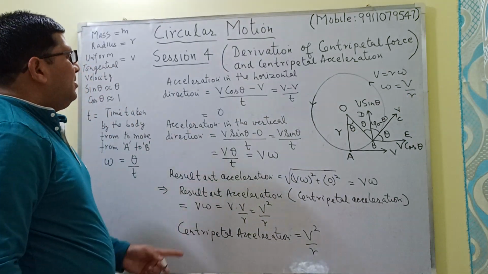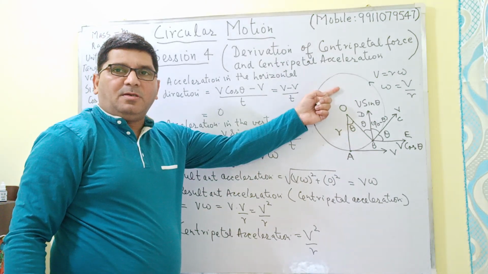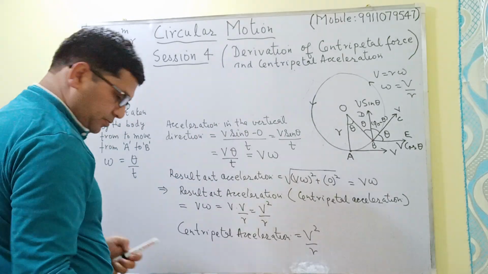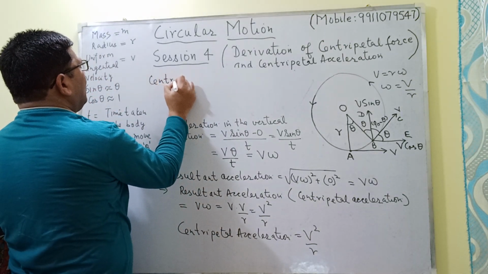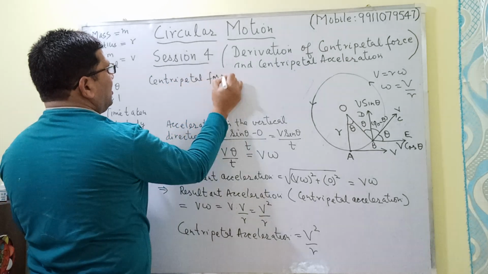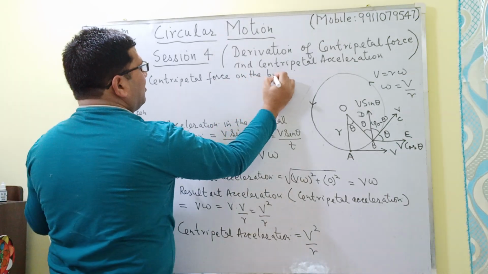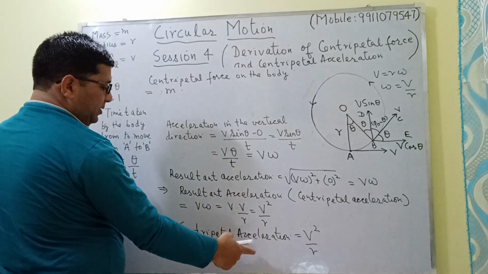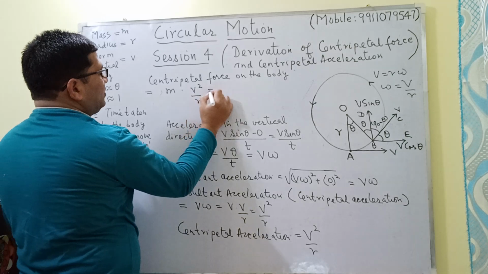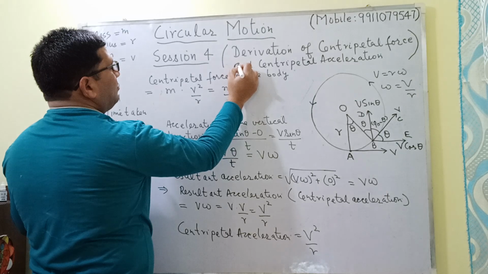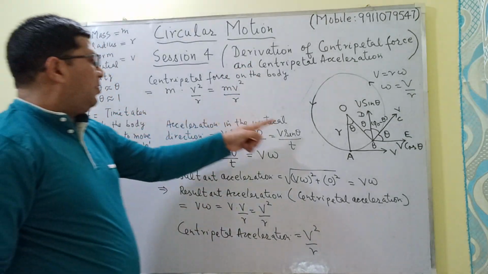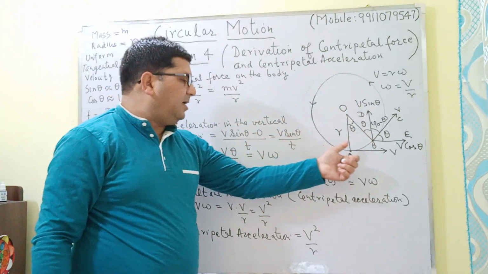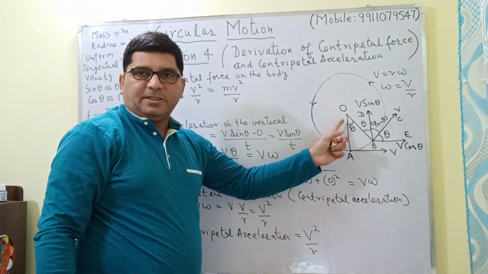And because of this acceleration, a centripetal force acts on this body, which is given by the centripetal force on the body is equal to mass of the body into the centripetal acceleration, which is equal to V square upon R, which is equal to mv square upon R. So the centripetal force on the body is equal to mv square by R, and this centripetal force is directed towards the center.